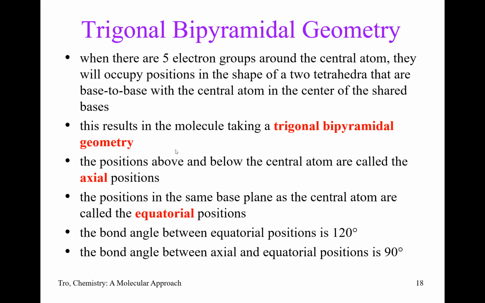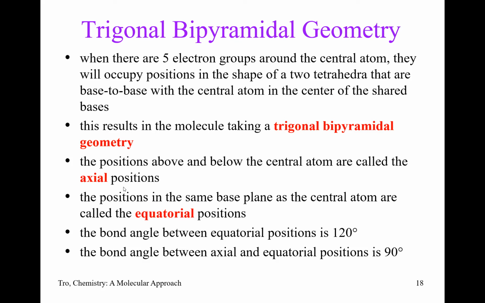So this shape is called trigonal bipyramidal. A little bit wordy, but it's because it has a triangular pattern and then sort of 2 pyramids slapped on top of one another. It's kind of like the way the Earth rotates, the equator is the middle, except this isn't a sphere, it's triangular.